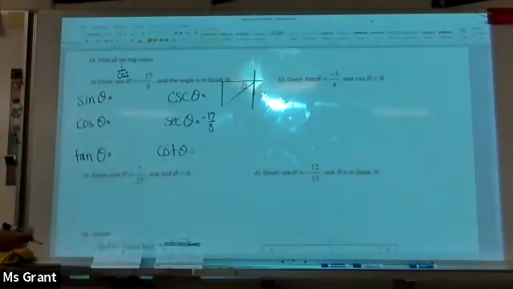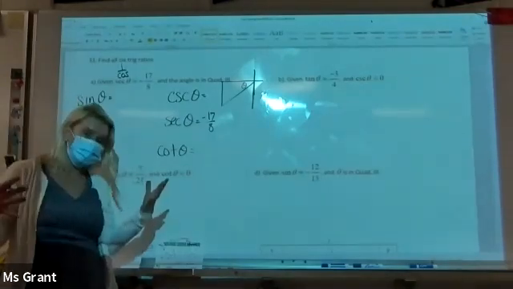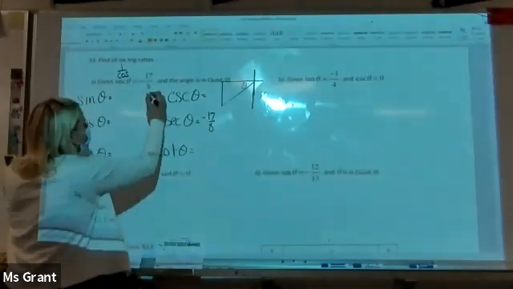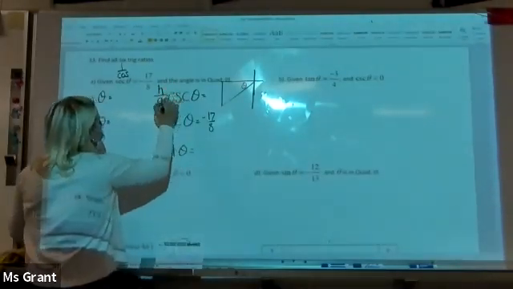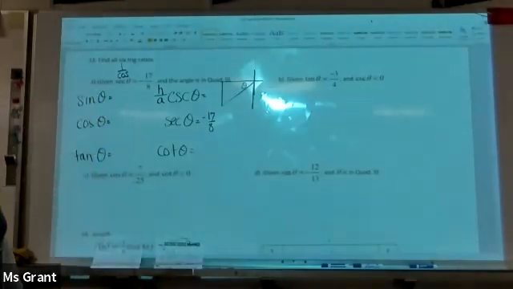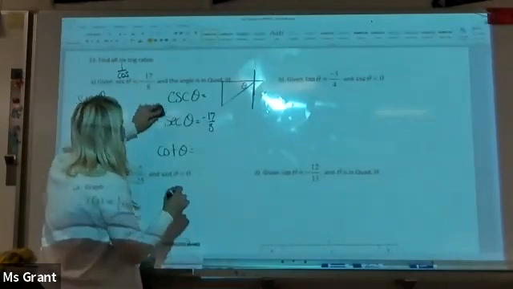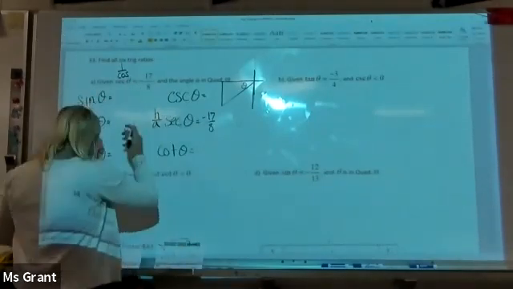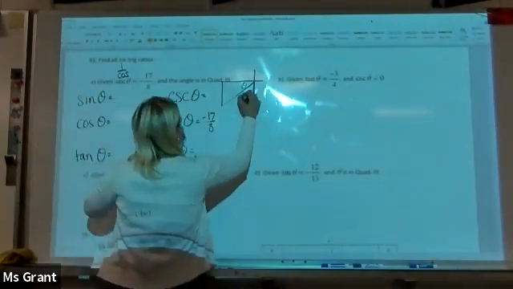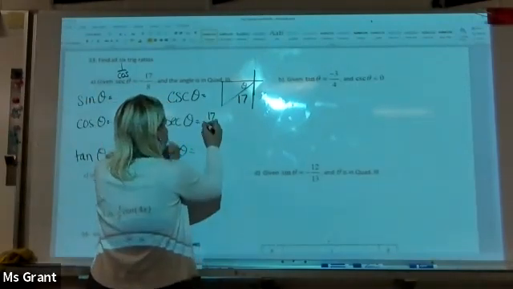And if it's 1 over cosine, and cosine is adjacent over hypotenuse, I'm going to be doing hypotenuse over adjacent, the reciprocal of cosine. Oh, wait, I put it in the wrong spot. That means that my hypotenuse is 17. And you know what? It can't be negative.